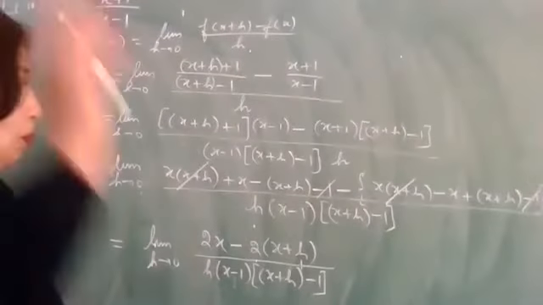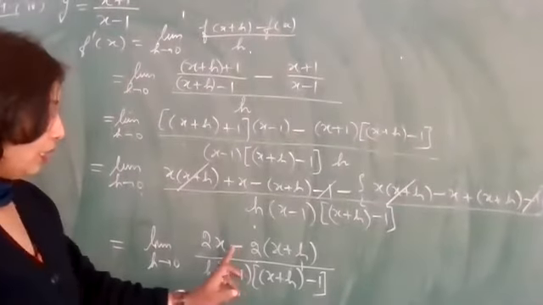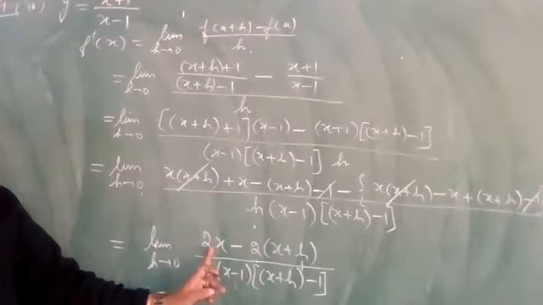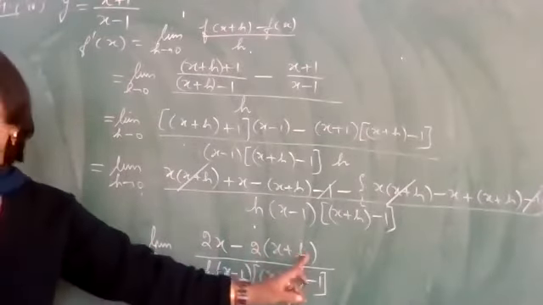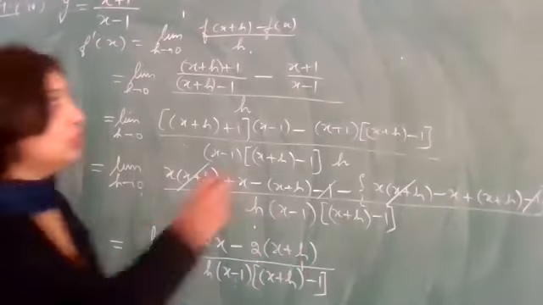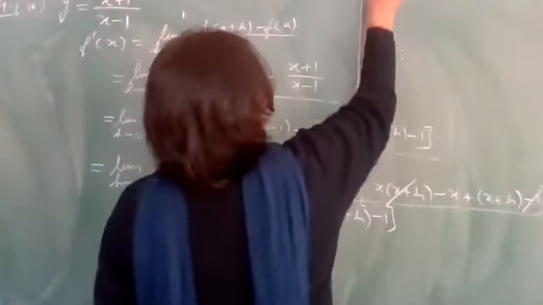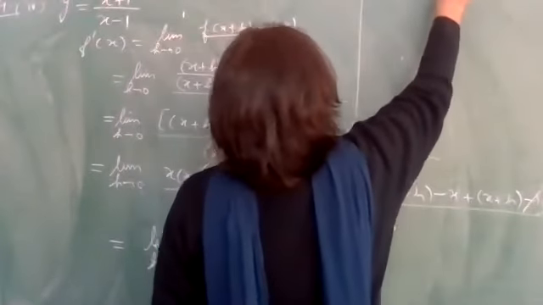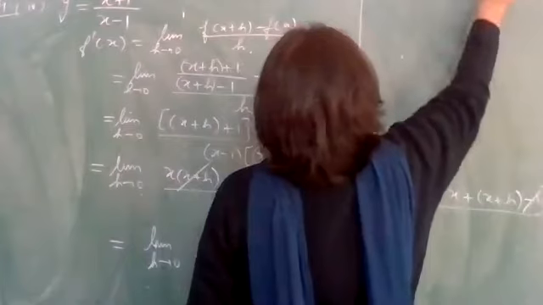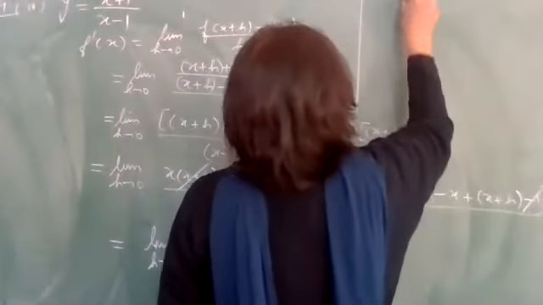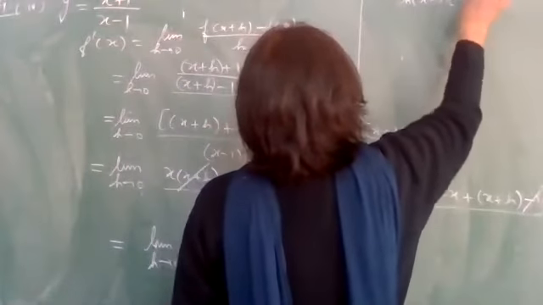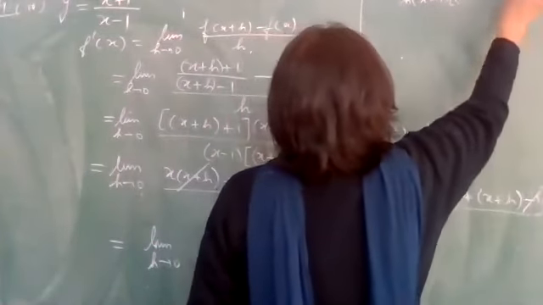Okay. So after this, now if we look here, again we multiply this minus sign inside, we get 2x minus 2x minus 2h. So this is limit h tends to 0, (2x minus 2x minus 2h) upon h into (x minus 1) and (x plus h minus 1).